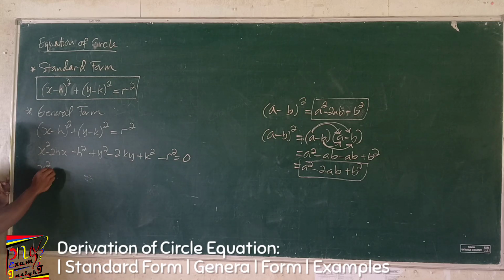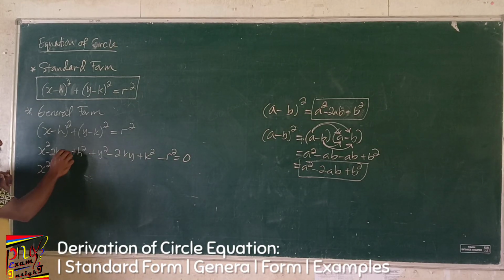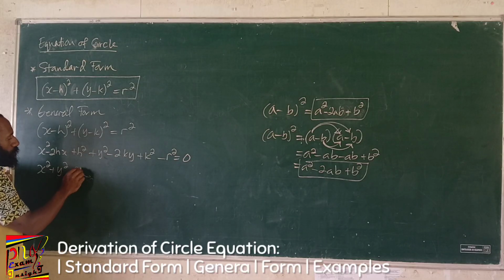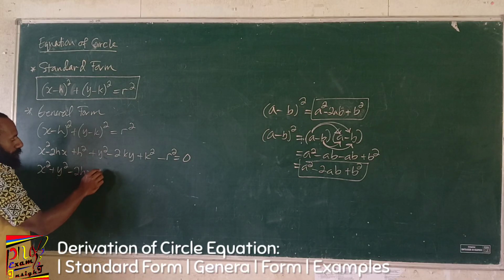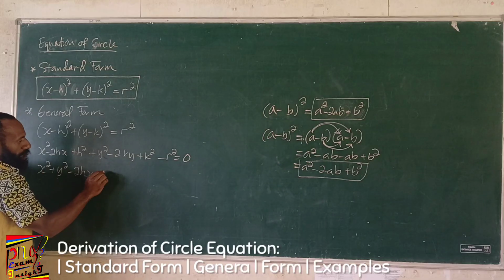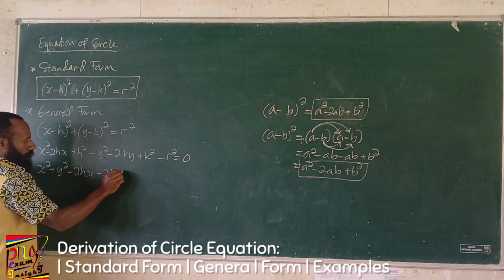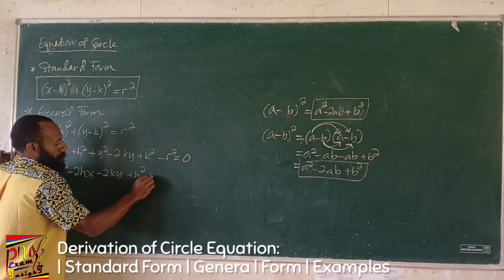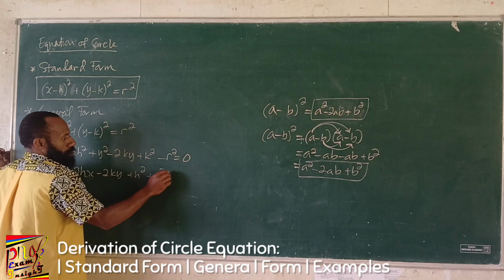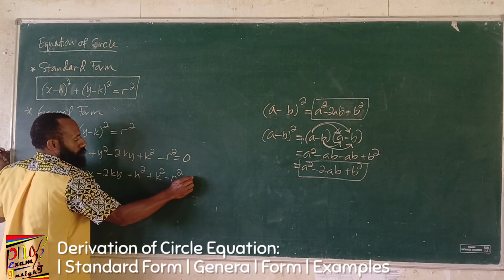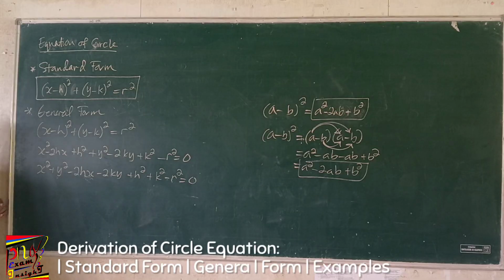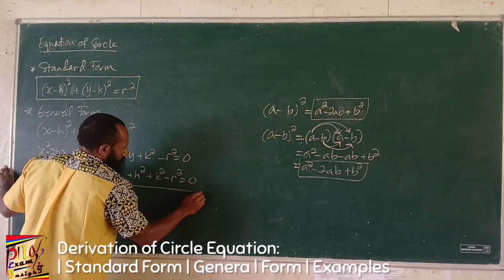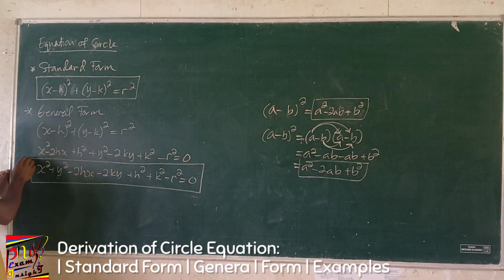I'm writing x squared plus y squared, minus 2hx, minus 2ky, plus h squared, plus k squared, minus r squared, all equals 0. In this form, this is our general form of the equation.